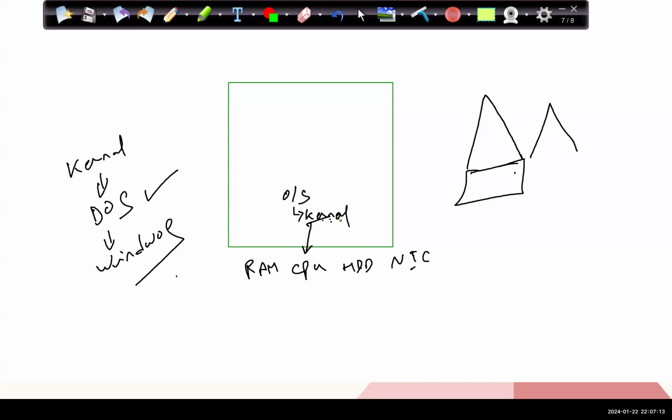So that's a problem. This kernel cannot communicate with two CPUs at the same time. This is what gave birth to virtualization. They said that on the same piece of hardware, we want to run multiple operating systems because there are different requirements coming up from the customer.